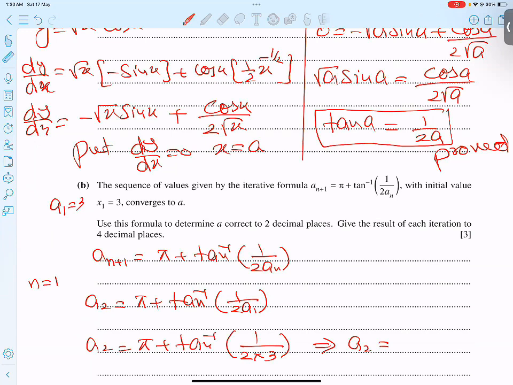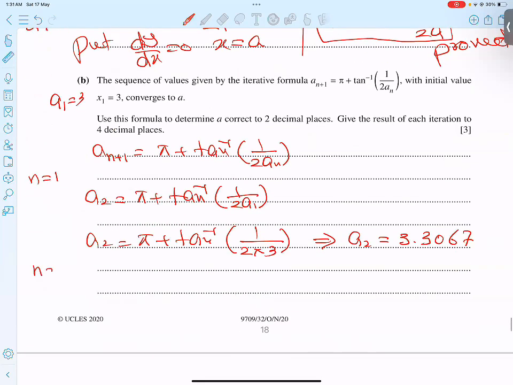Okay, so I'm going to apply typing in the calculator. Make sure it's in radian mode. Don't forget it must be in radian mode. So I'm writing 1 over 2 times 2, 3. My answer turns out to be 3.30674, he said 4 dp.